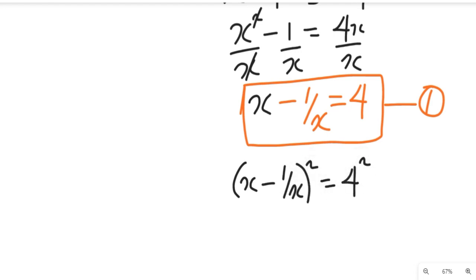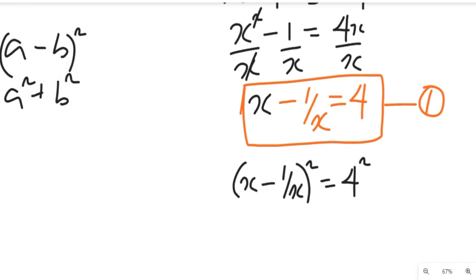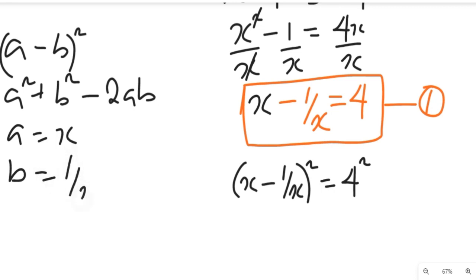Now remember, from an algebraic expression, if we have a minus b all squared, this will be equal to a squared plus b squared minus 2ab. So we take our a to be equal to x, and we take our b to be equal to 1 divided by x.